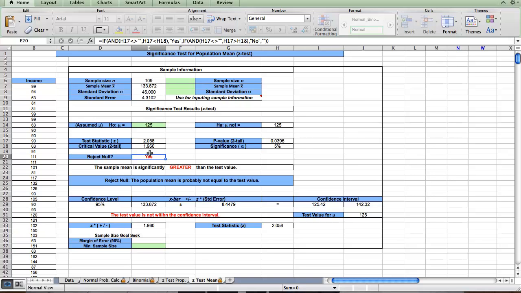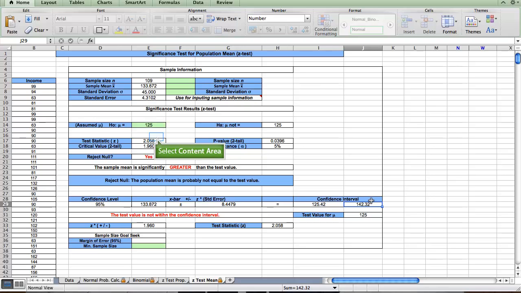I am 95% confident that the population mean income is somewhere in the range 125.42 to 142.32. The entire confidence range excludes the value 125. This is part of why we're rejecting the null hypothesis that mu equals 125.